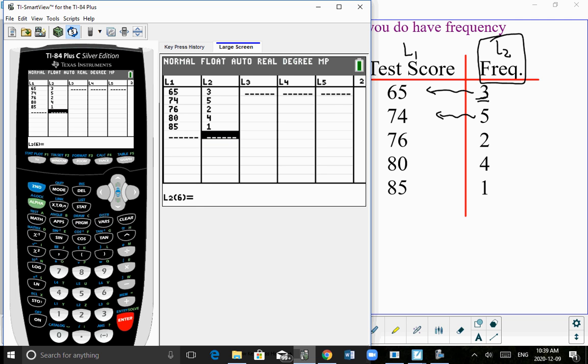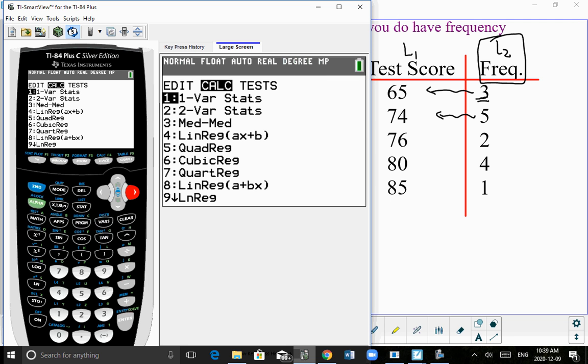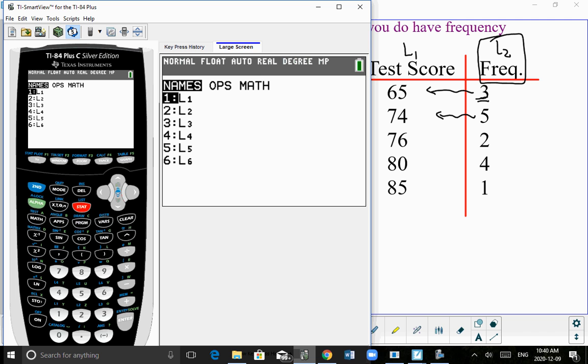Okay, so now I'm going to hit Stat. I'm going to go over to Calc. I'm going to pick number 1. So my list is in L1, but see now number 2 says frequency list. So I have to get it to say L2. So the way I do that is I go second stat, and I'm just going to pick number 2 for L2.